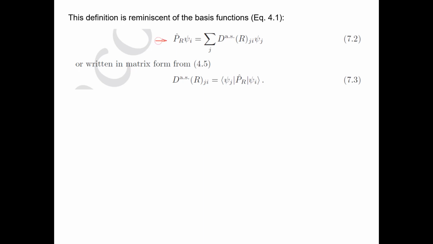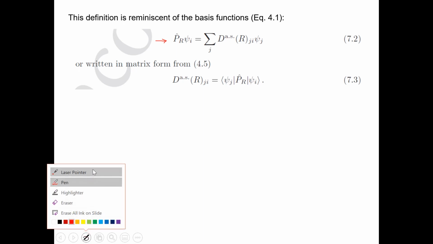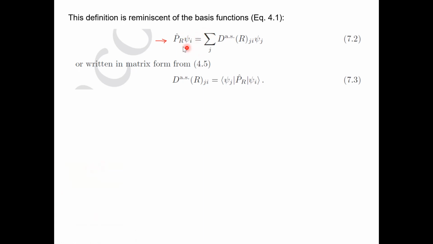You can go back there and look it up. Basically it's telling me how, when I apply a symmetry operation of the group P_R to a certain partner or basis function psi i, this can be written as a linear combination of all partners psi j. And we used this to develop the idea of projection operators in chapter 4, starting from this idea.